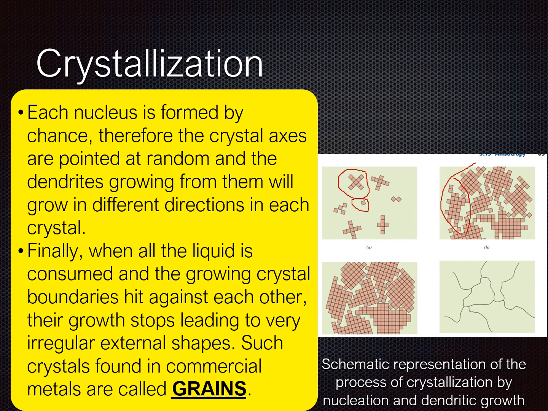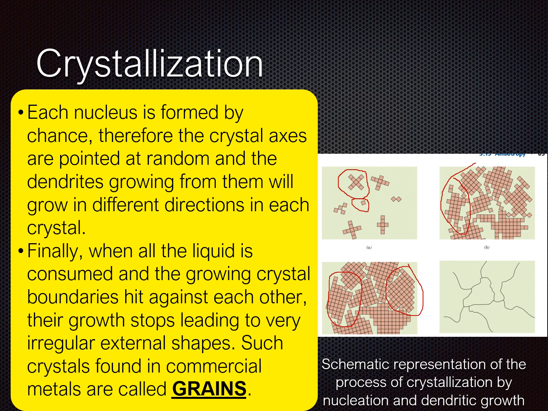The figure C shows that upon completion of solidification, grains having irregular shapes have formed. So here what we observe, the grains of irregular shape are visible over here. All the grains are having different shapes.